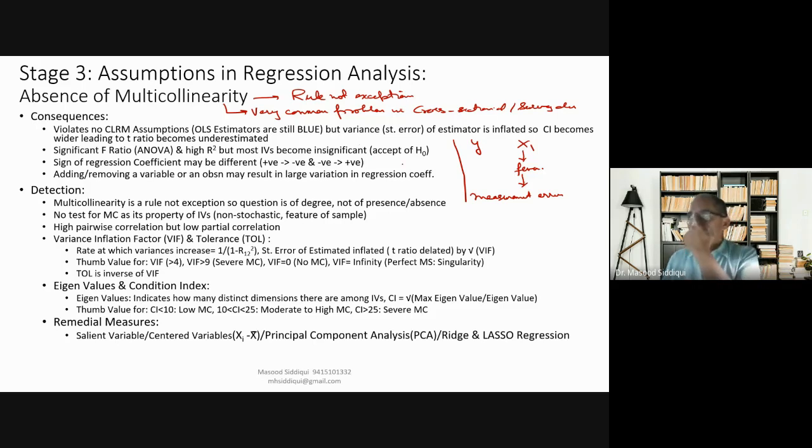So in order to reduce the measurement error, we consider more than one predictor, more than one variable, right? But all these variables actually measure the same thing, right? So now with the increase of variables, measurement error gets decreased.